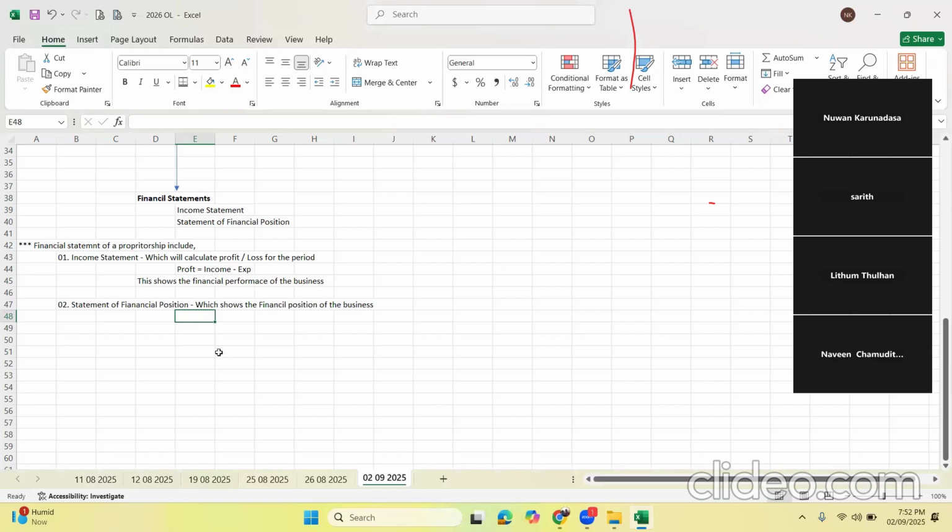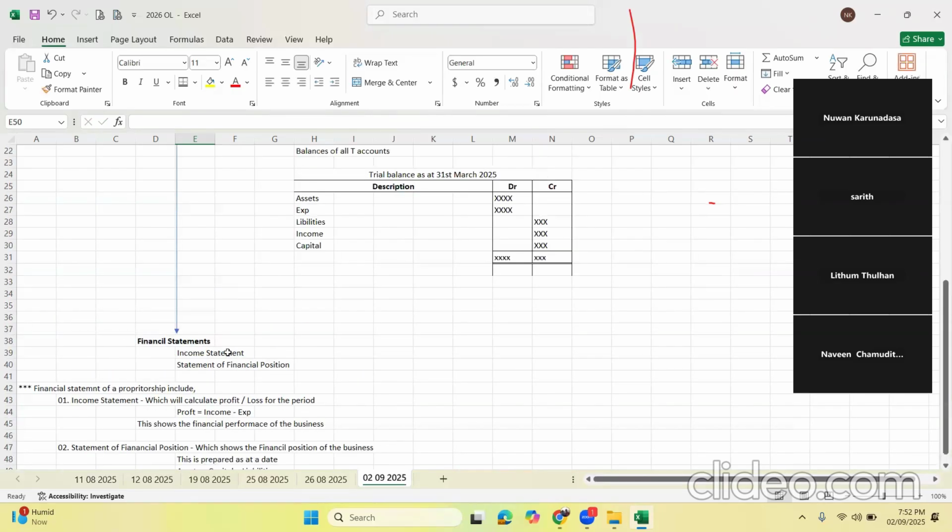This is prepared as at a date. Remember, this is prepared as at a date, right? So we have another formula here, that is assets equal capital plus liabilities.